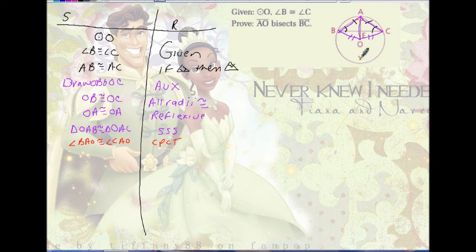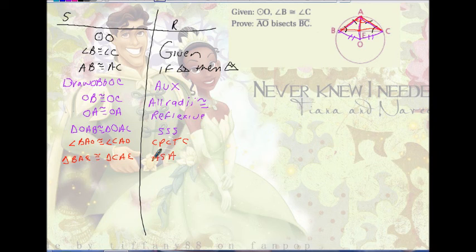Now, what I see here is this triangle right here now has an angle, a side, and another angle. And this triangle right here, I have an angle, a side, and another angle. Now I'm all good to start saying that triangle BAE is congruent to triangle CAE by angle side angle.